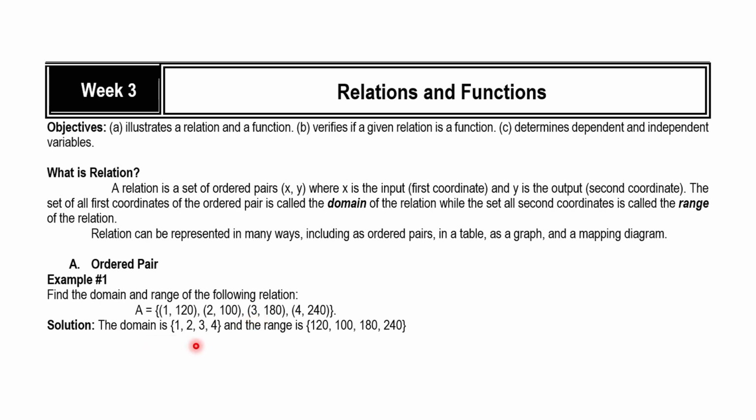If we say domain, as we defined, the domain is the set of all first coordinates of the ordered pairs. So this is our set. To determine the domain, all you have to do is take a look at the first coordinates: 1, 2, 3, and 4.